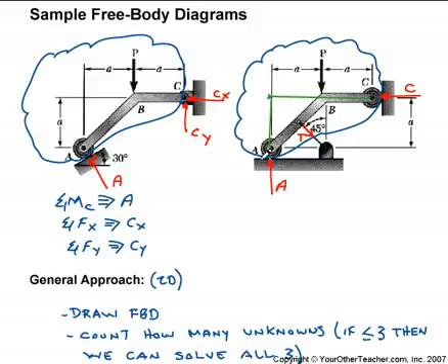Let's call this point D. We can use any point in the entire universe, and it just happens in this particular case, because this is 45 and this is distance A from here to here, and this is distance A, that this particular force goes through here as well.